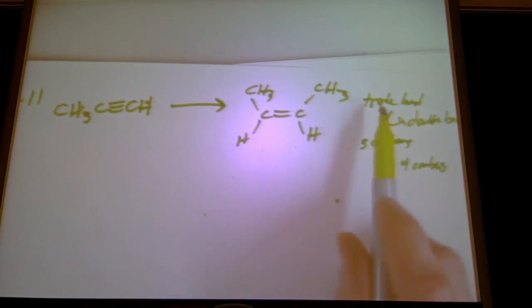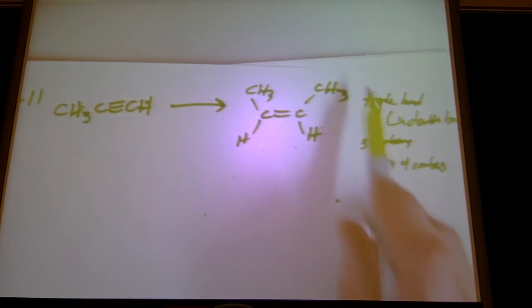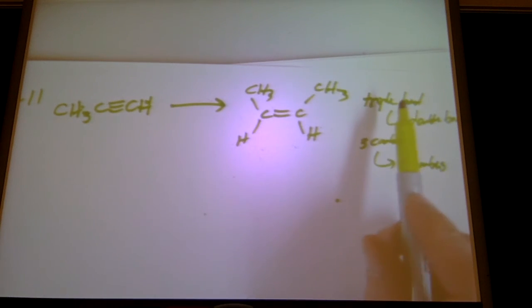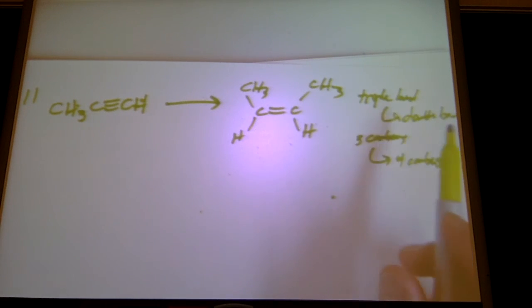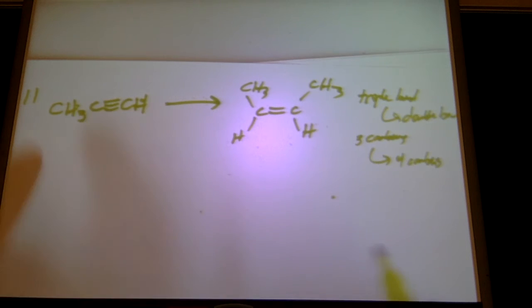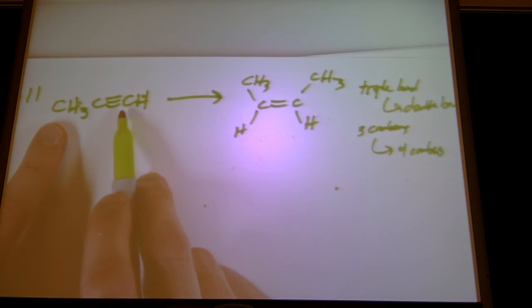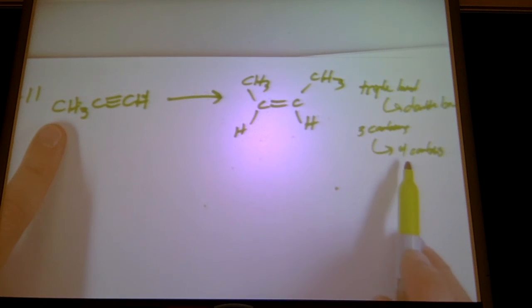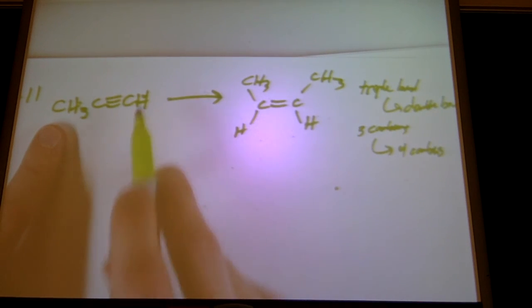So if I think about this triple bond to a double bond, we've looked at ways to do that today. H2 Lindlar. Yeah, cis. H2 and Lindlar's makes cis. And 3 carbons to 4 carbons, we just looked at a way to do that. Now it's very important the order you do them in. Because if I make this into a double bond first, you can't take the hydrogen off the end of a double bond. You can only do that in triple bonds.